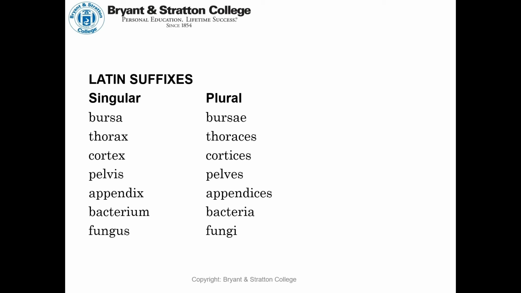So a bursa versus bursae. It's, again, something you'll just have to learn. And some of these you'll never really experience, like appendix versus appendices. Most people only have one appendix. So for the most part, you're never going to be referencing multiple appendices.